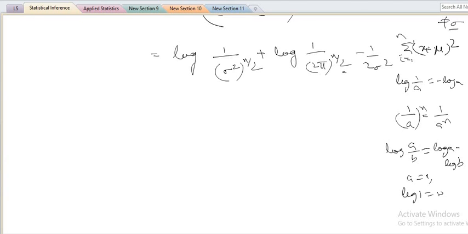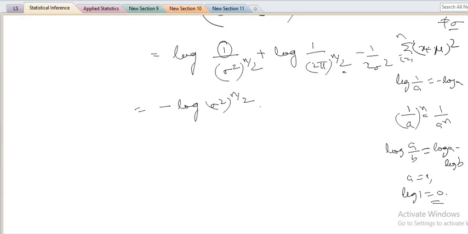Then what is log 1? 0. So minus log of (sigma square) whole power n by 2. See, (1 by a) whole power n is 1 by a power n. Log of a by b is log a minus log b. Here a equals 1, so we have log 1, which you will get as 0.